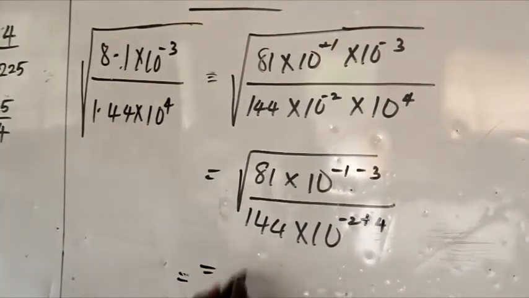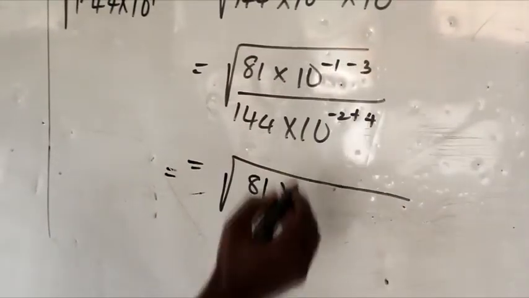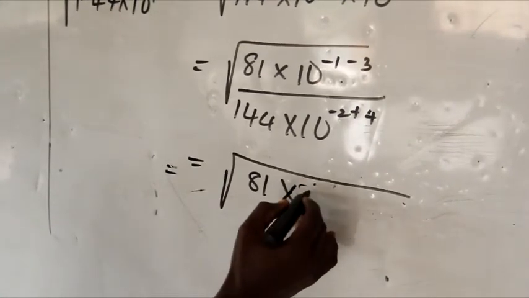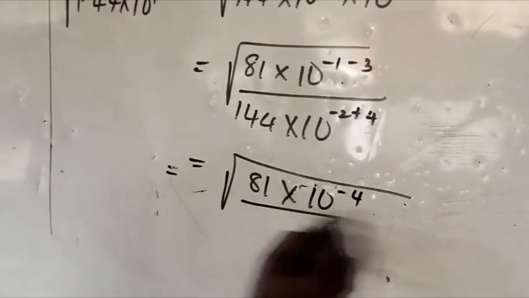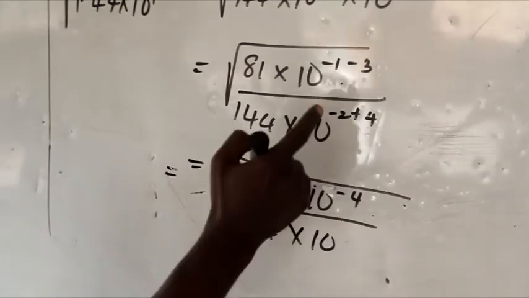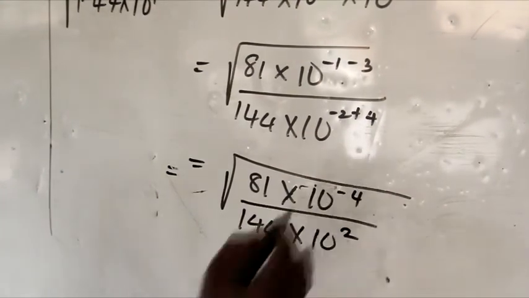Minus 1 minus 3 is minus 4, and minus 2 plus 4 is going to give us 2.